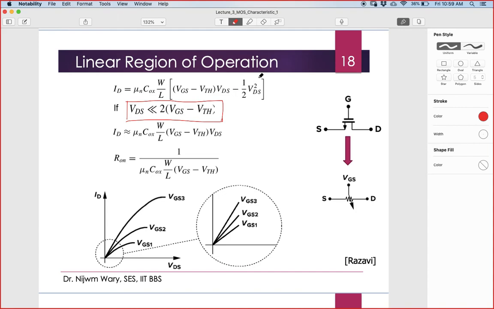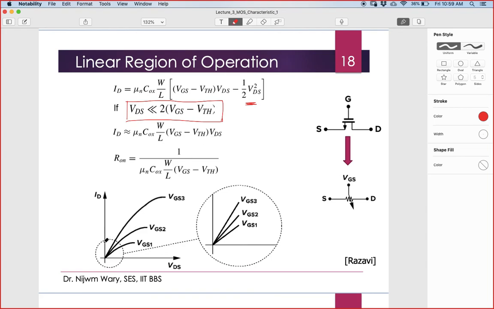So when VDS is very small, I can ignore this term, and only this term becomes prominent. So VDS is much lesser than twice into VGS minus VTH. Then I can approximate ID as mu n COX W by L times VGS minus VTH times VDS.